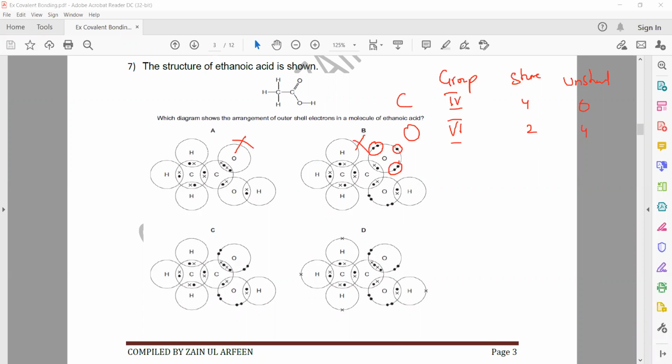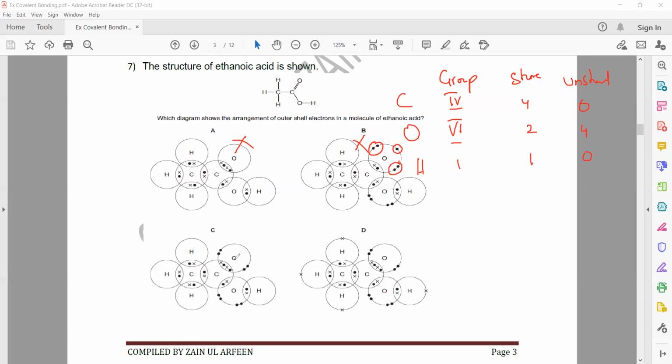B cannot be the right answer because it has 5 unshared electrons. Now it can be C, because oxygen has 4 unshared electrons. Hydrogen shares only 1, and unshared will be 0.